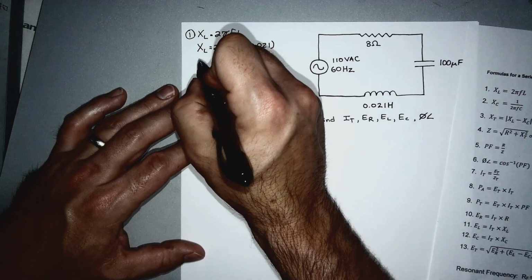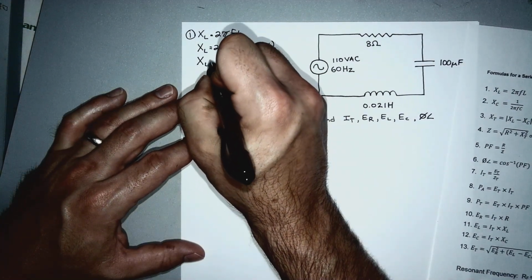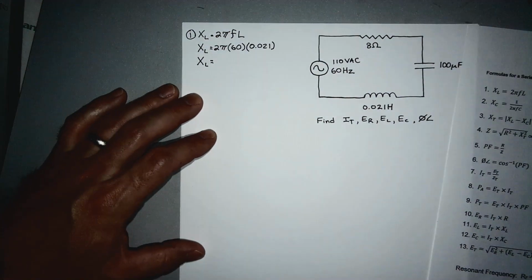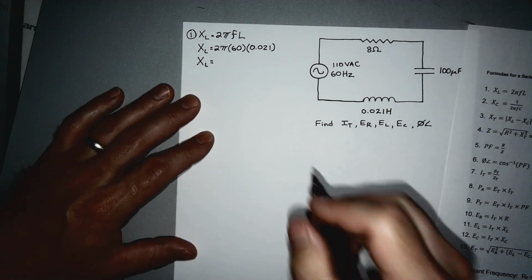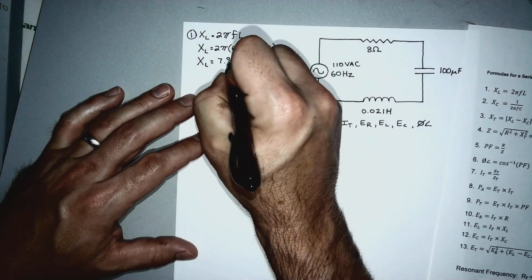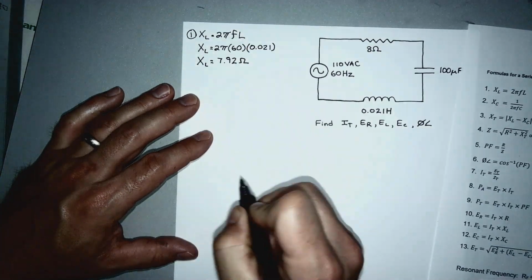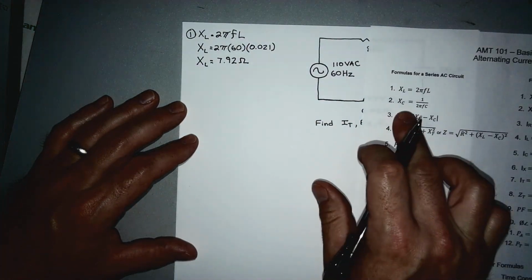And X sub L, if you remember from the lecture, always comes out as ohms. We'll punch that in the calculator, and we'll come out with 7.92 ohms. Good there. Let's move on to number 2.